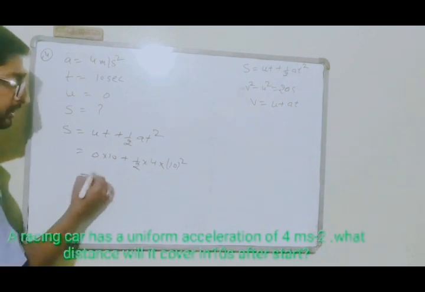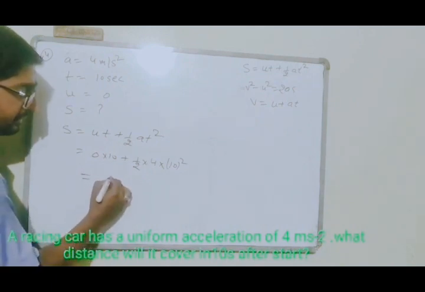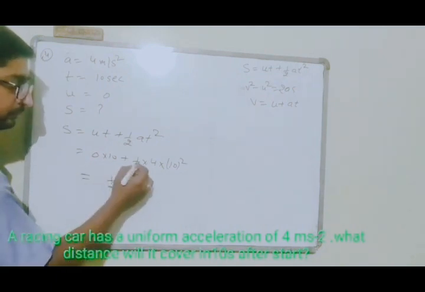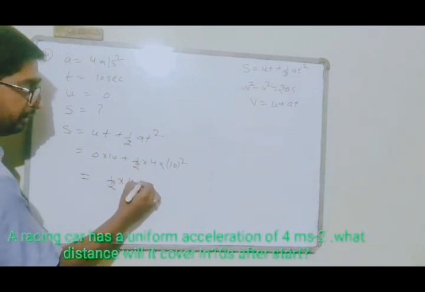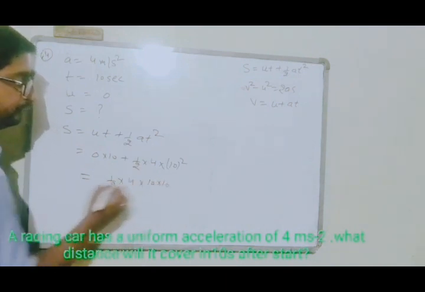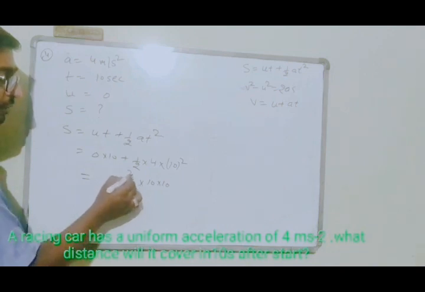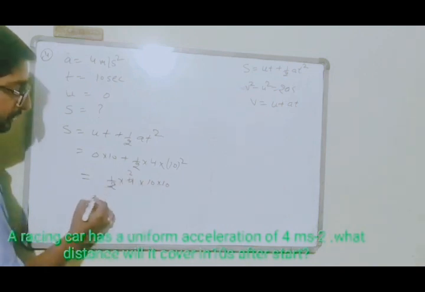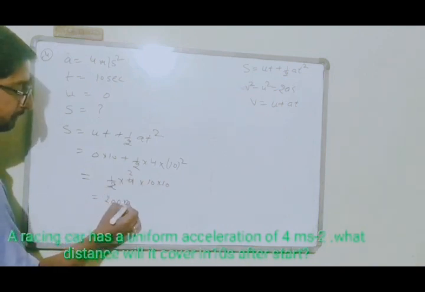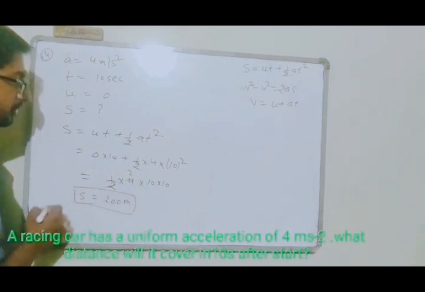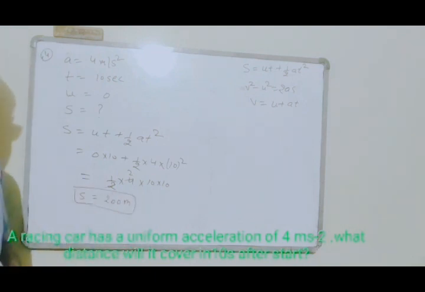Now 0 tens are 0 plus 1 by 2 into 4 into 10 into 10. 2 2s are 4, 10 tens are 100, 2 100s are 200 meter. So this is the answer of the fourth question, 200 meters.